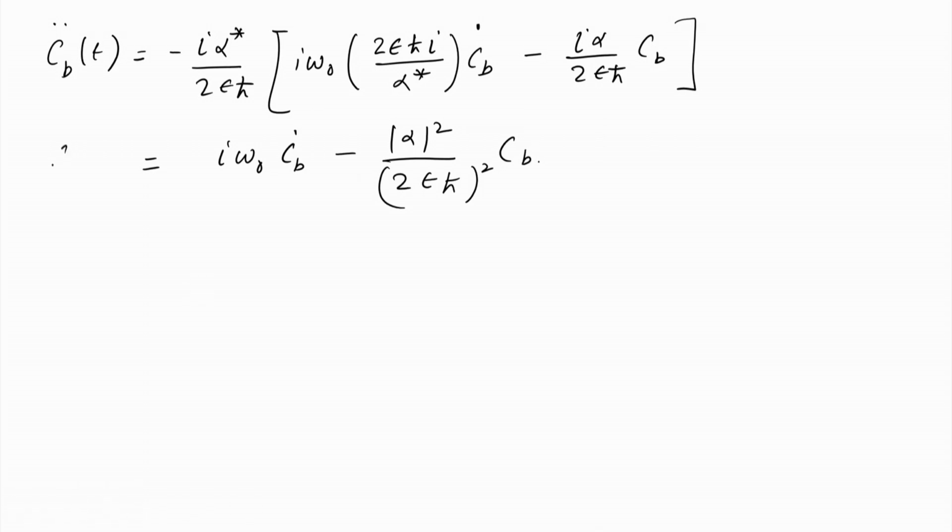So, we get C_b double dot, this is a function of t, this is a function of t, and this is a function of t.